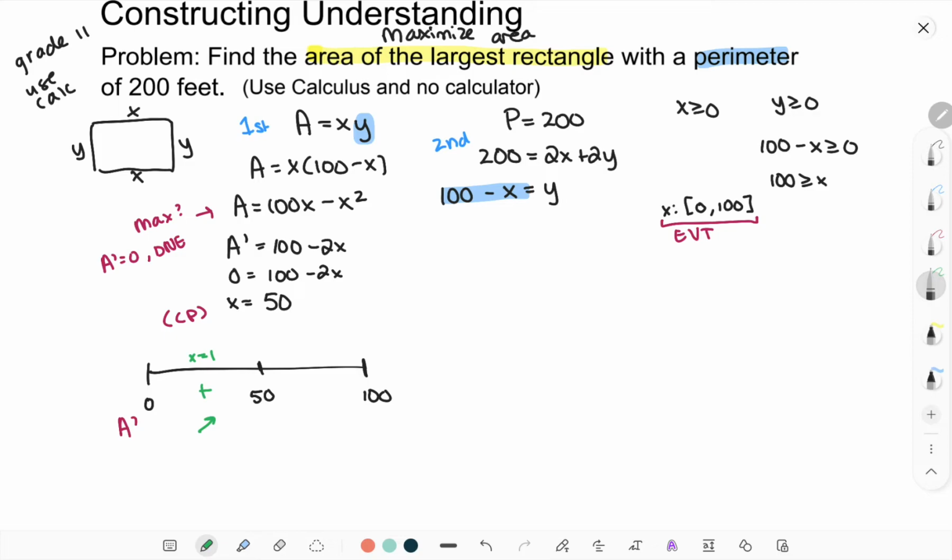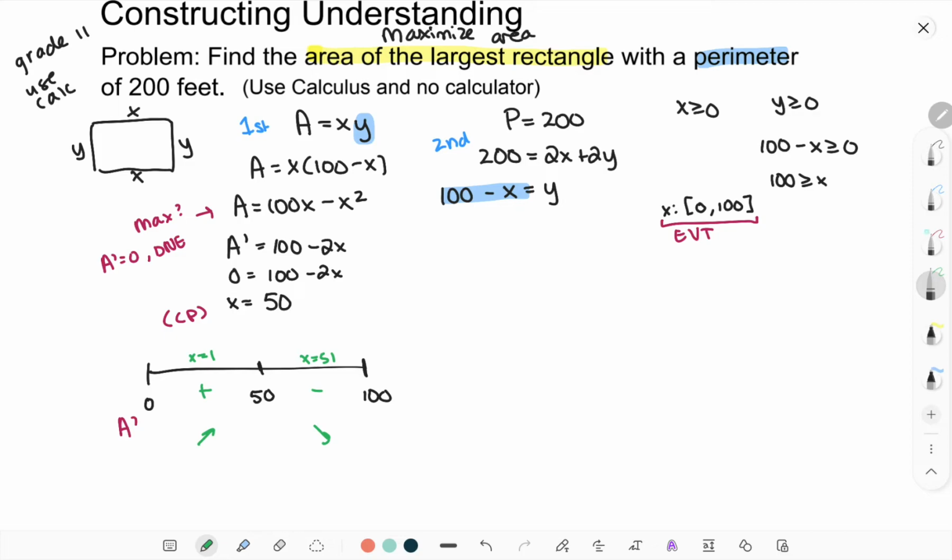So A prime, or original area, is increasing. A number bigger than 50, so something like 75, 51, whatever, is going to spit out a negative. 100 minus 102, right? Overall negative.